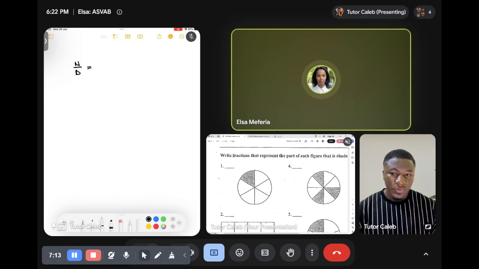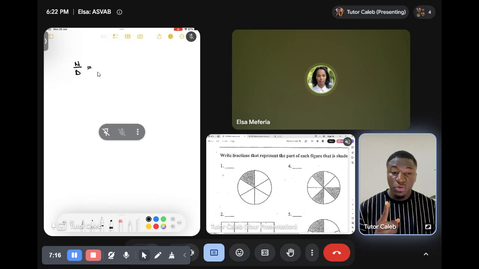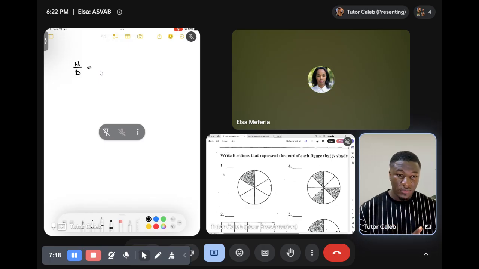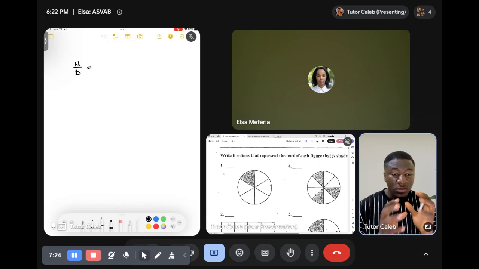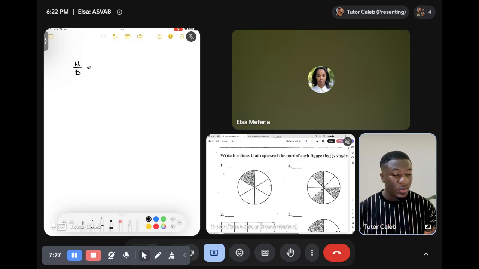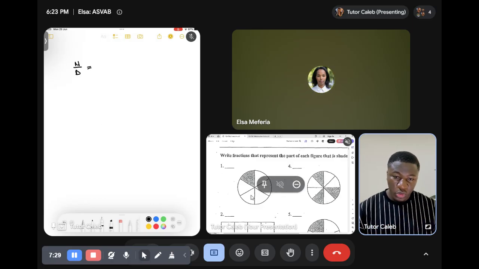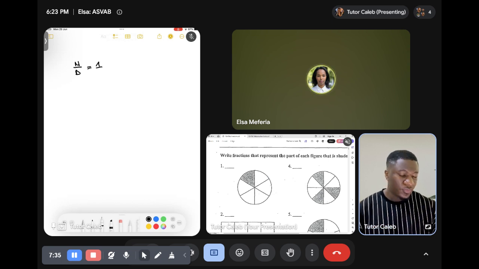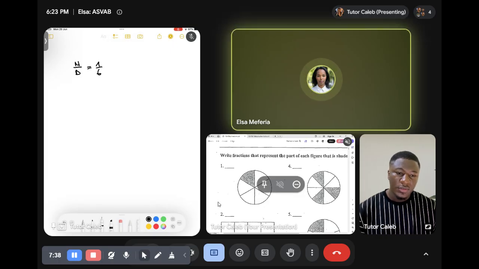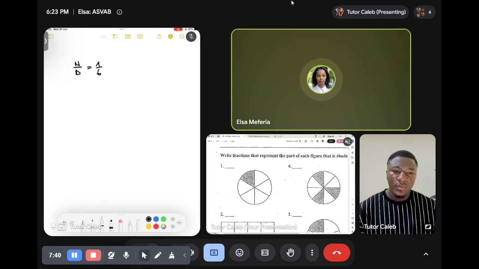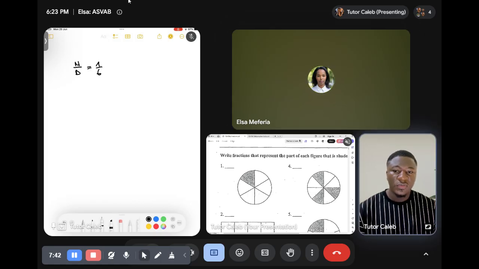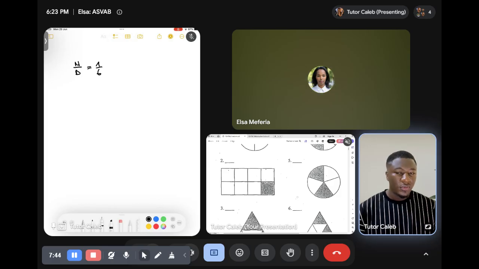Yeah, numerator and denominator. Oh, it's a 1/6 then. 1/6 then. Oh, I'm thinking much deeper instead of simplifying it.